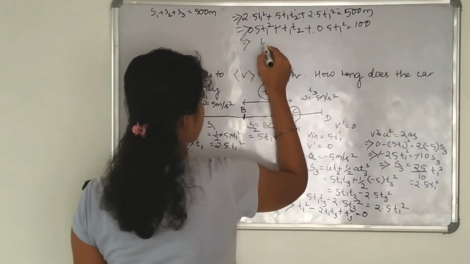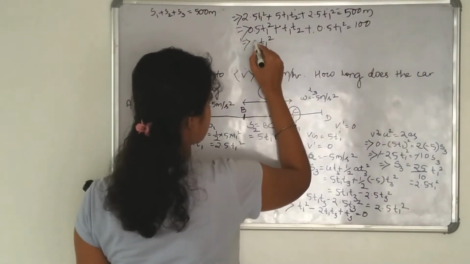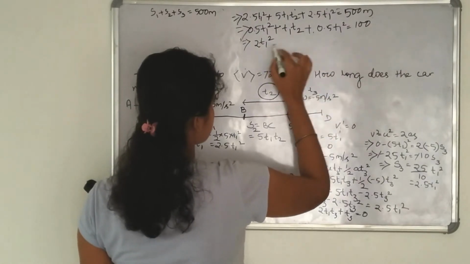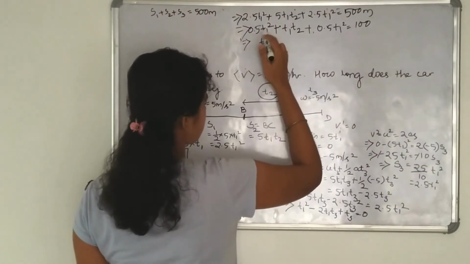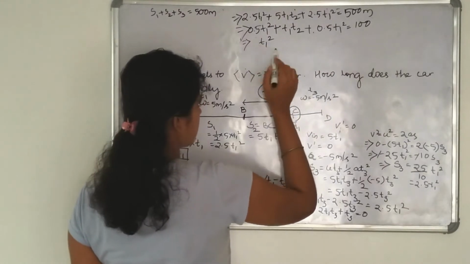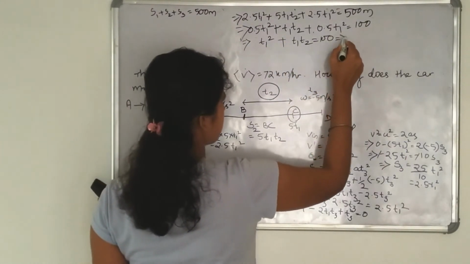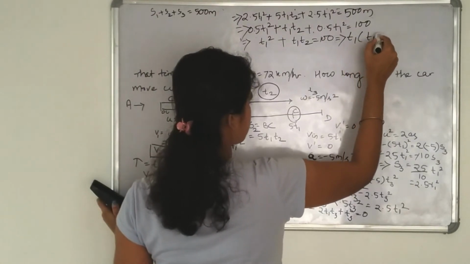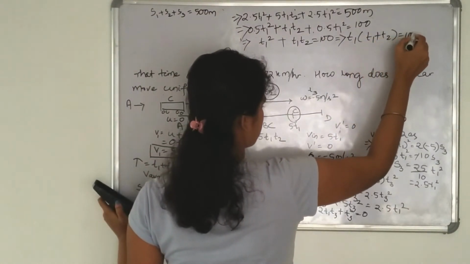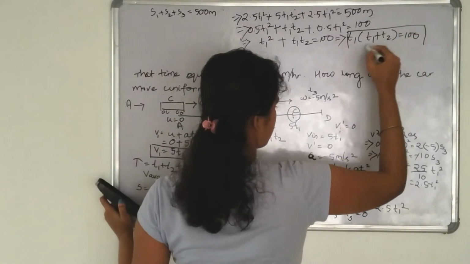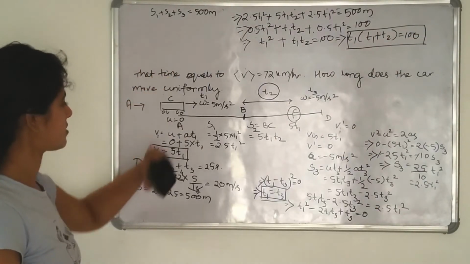So 0.5 T1 square plus 0.5 T1 square is equal to T1 square, plus T1 T2 is equal to 100. T1 whole into T1 plus T2 is equal to 100. So this equation we have got from the total distance covered.